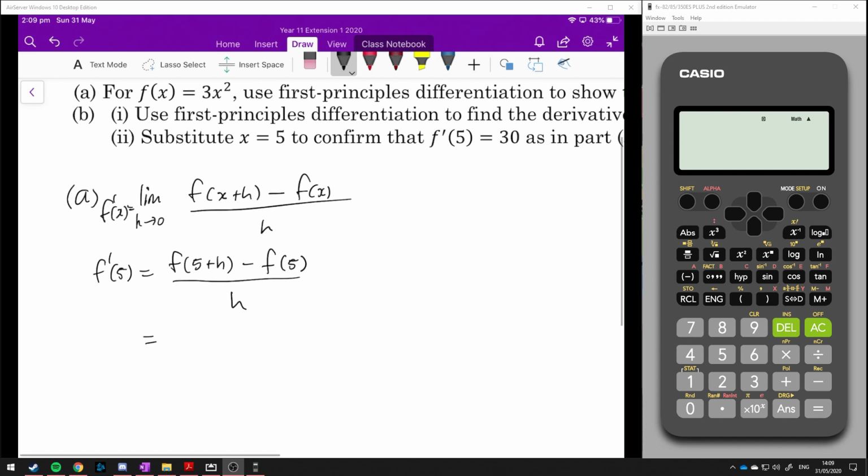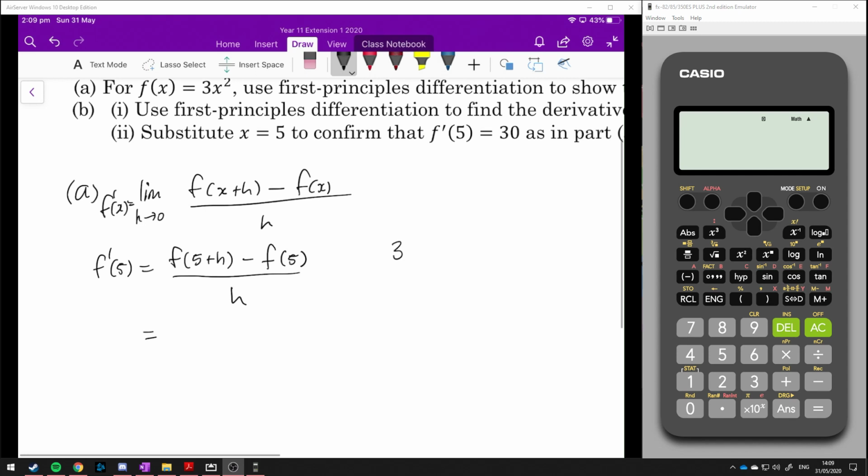Our function is 3x squared, so we're going to replace the x in this function with 5 plus h. So we go 3 lots of 5 plus h all squared, minus 3 lots of 5 squared, over h.